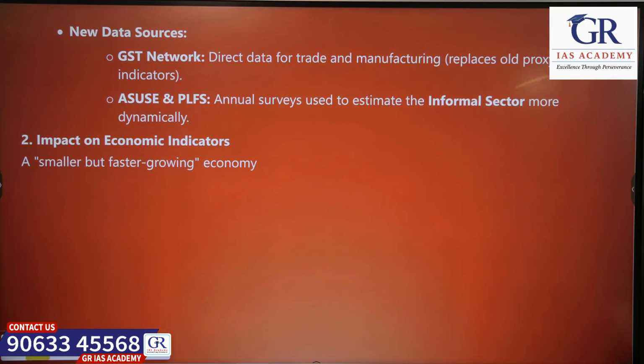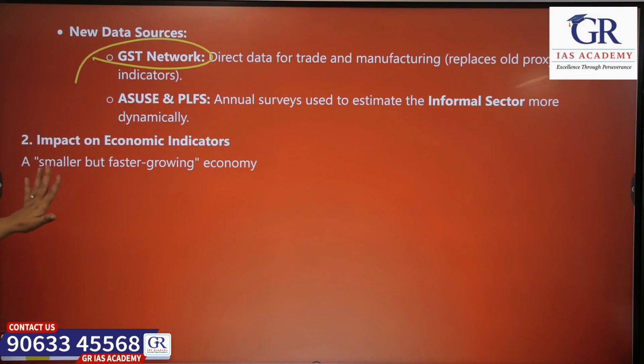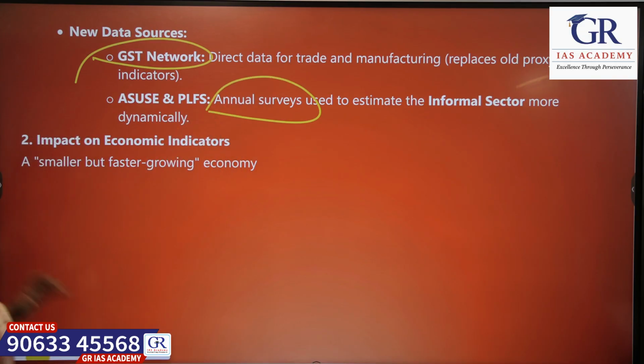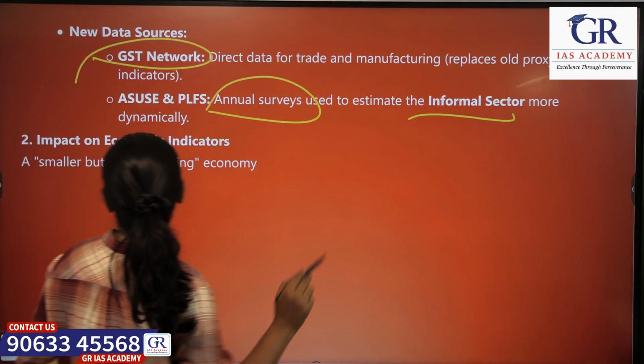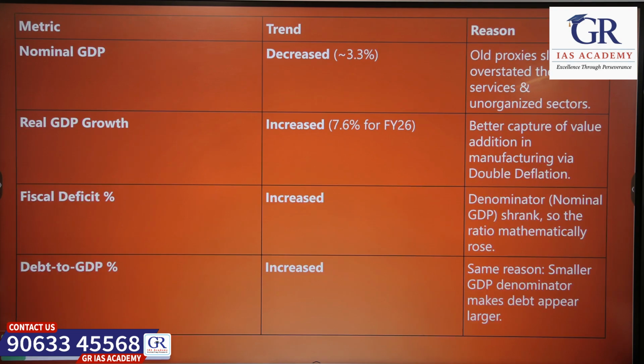So, in the new data sources, the GST network is considered, replacing the old one, and annual surveys are used to estimate the informal sector. Okay. Let's see its impact on economic indicators.